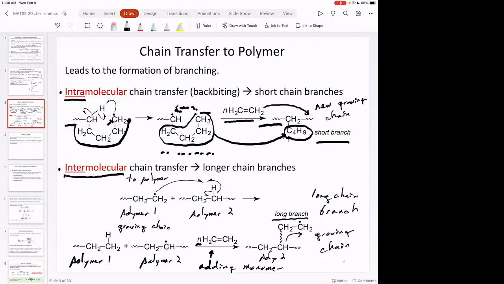Remember, you connect 2 polymers when you terminate by combination. But this is moving an active center from one place to the other. There's only one active center in chain transfer, and it just moves from one molecule to the other. You don't connect anything. So look at this in detail, and then ask questions about this on Friday, because this is not obvious. It's something you have to study.